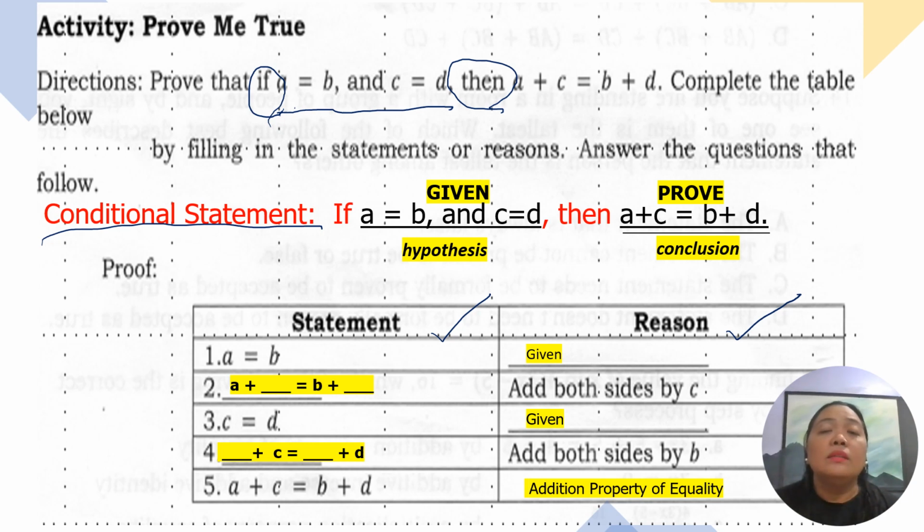Therefore, the if statement should be our hypothesis. The then statement should be our conclusion.